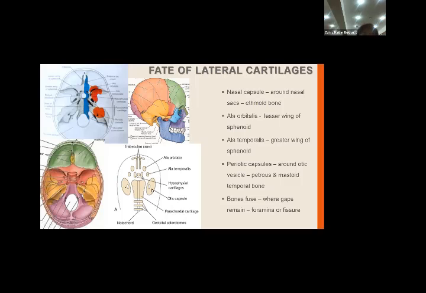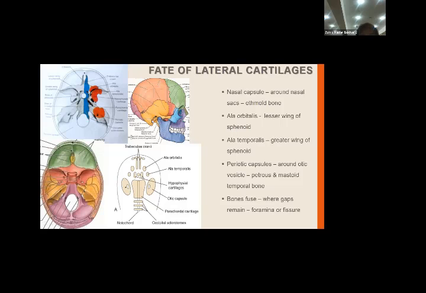And then come the otic capsules or periotic capsules. Otic is anything to do with the ears. So the otic capsule develops around the developing ear, the otic vesicle, and that develops into the petrous part of the temporal bone, and this mastoid part, the mastoid process.